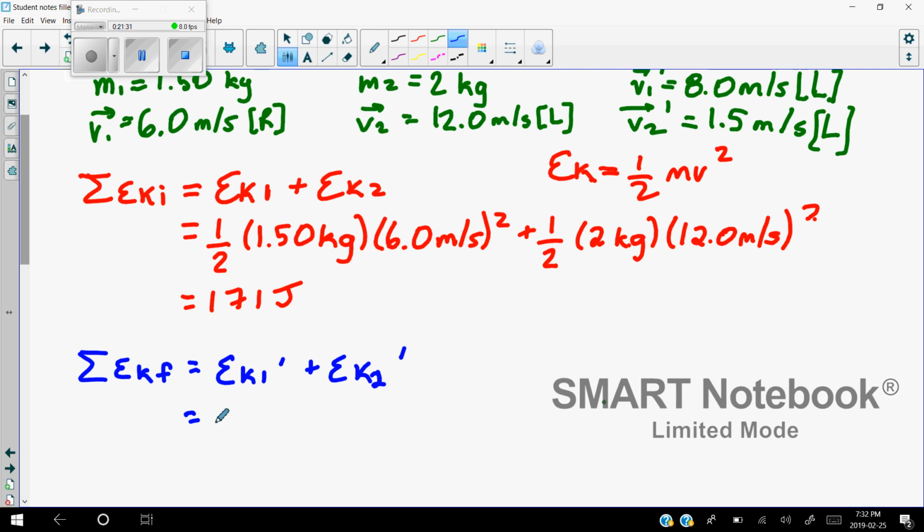All right, so 1/2 times the mass of 1 times the velocity, 8.0 meters per second, that it is moving after the collision.